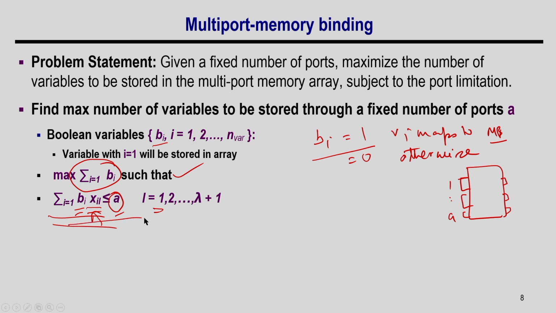If you give this to the ILP solver, it will return the bi values. For the variables for which bi is equal to 1, those variables can be mapped to this register bank. I solve the problem for one register bank, and then I can iteratively solve it for register bank 2, memory bank 3 and so on. This is the approach.